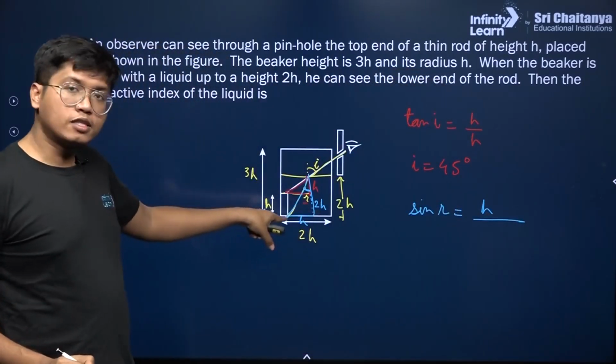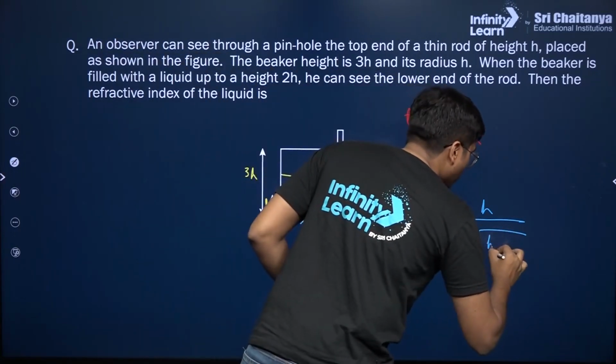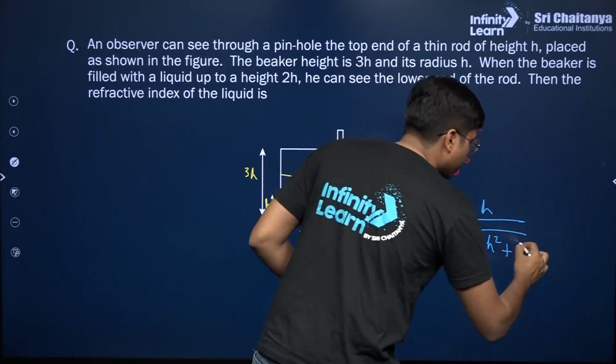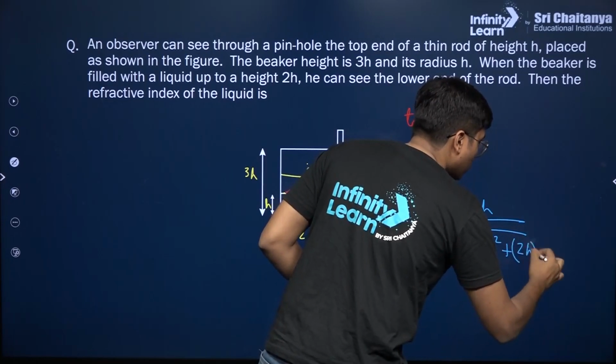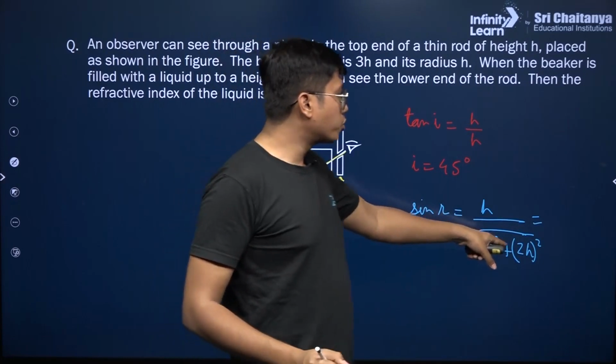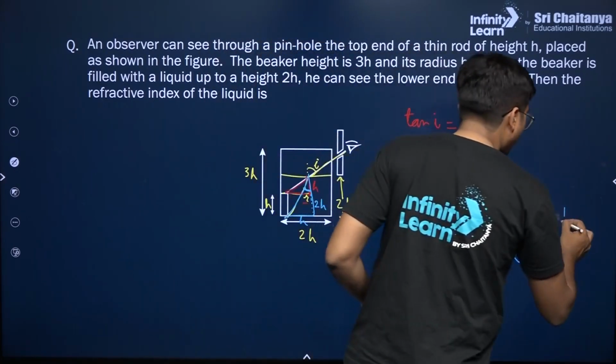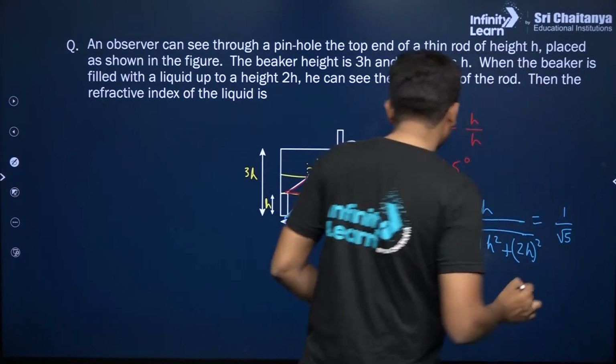Since we know this and this, we can get the hypotenuse as root over of h square plus 2h square. That gives 5h square. You can get the h out and you would eventually have 1 by root 5.